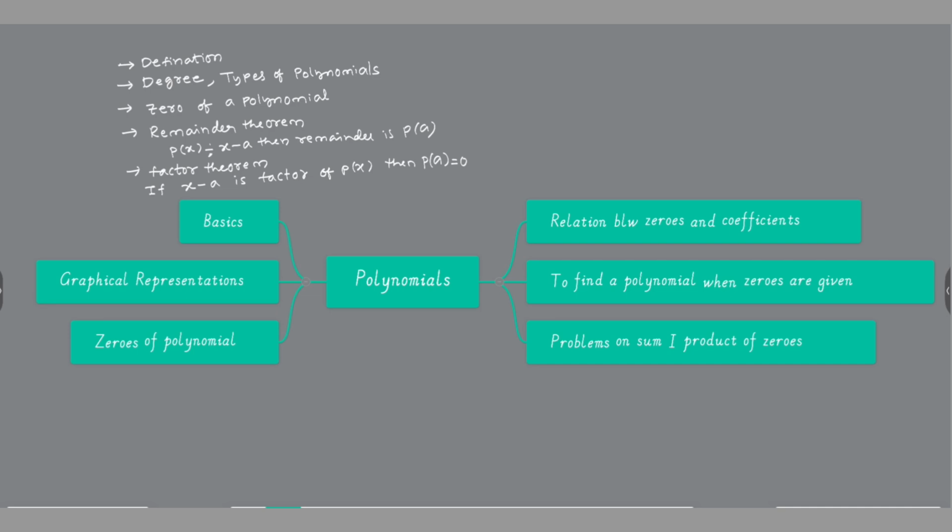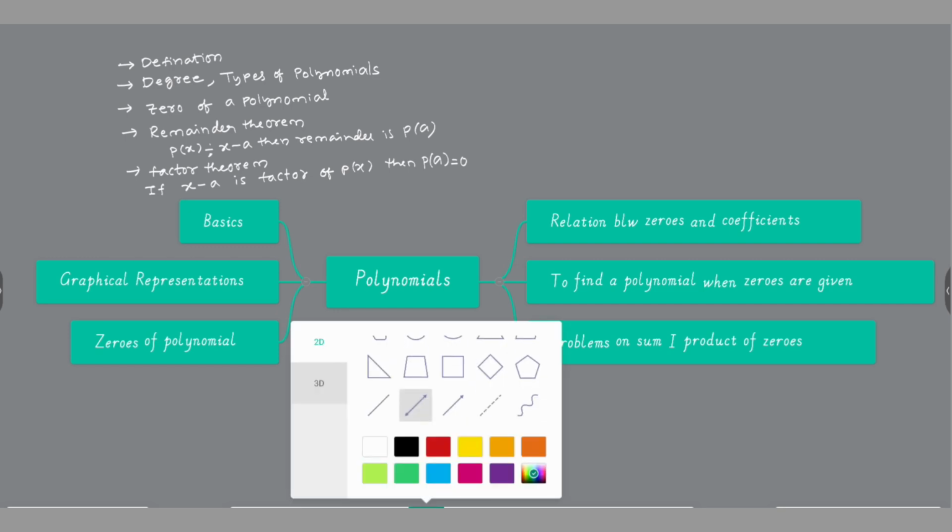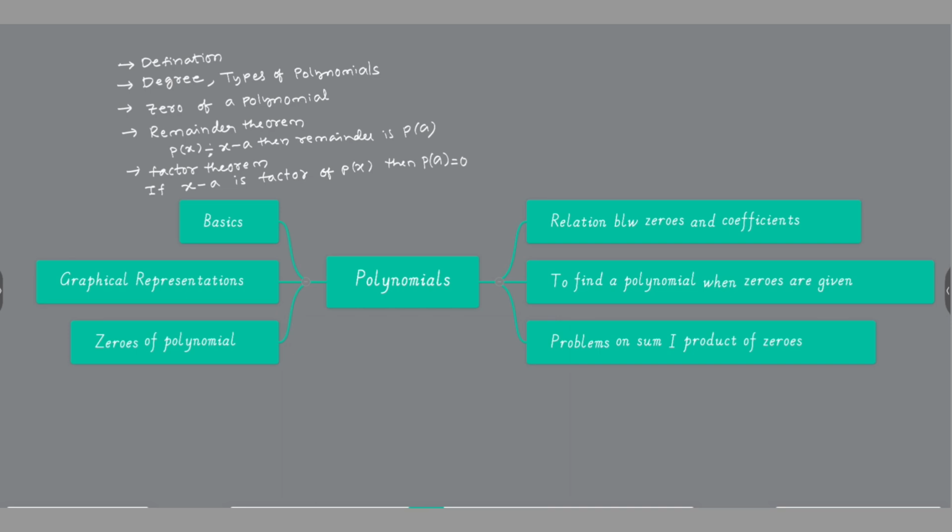Then the next important topic, graphical representation. Here I will represent some graphs to understand in a better way. So you will be given different types of graphs. We have to identify the number of zeros, sometimes the types of polynomials.